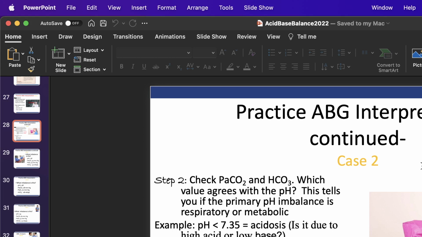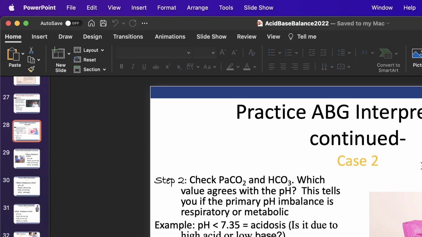All right, so this is case study number 3. The pH is 7.58. What are we going to give it? B. Very good. Our PaCO2 is 35, within normal limits.